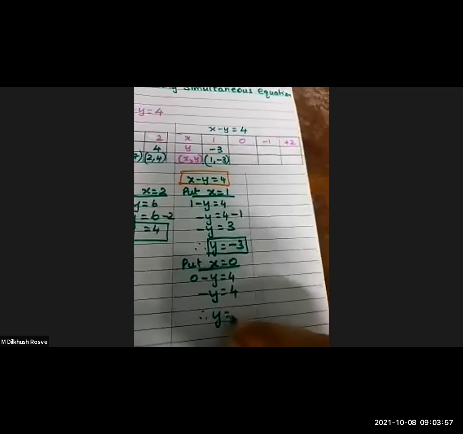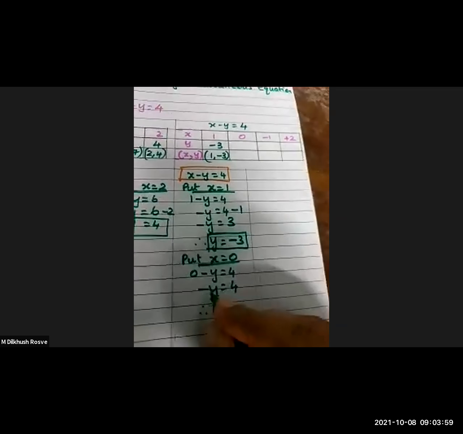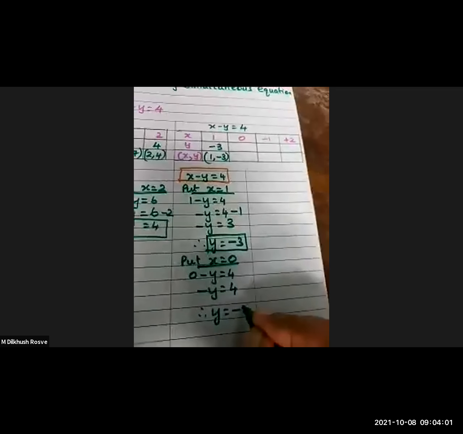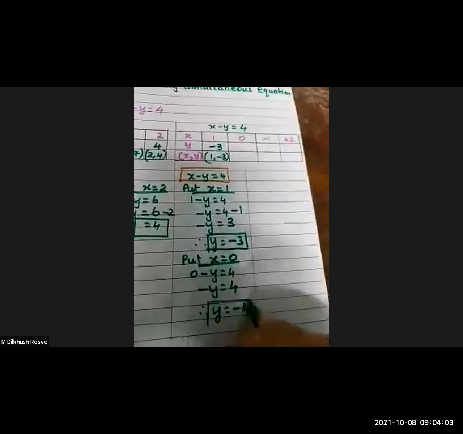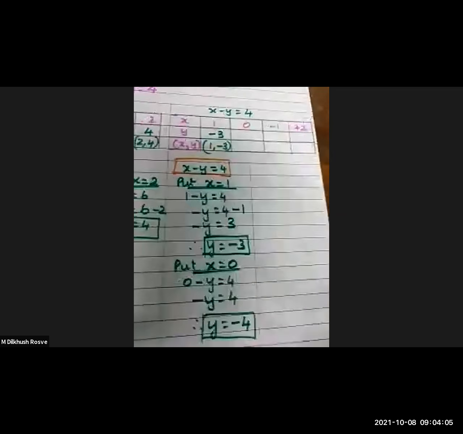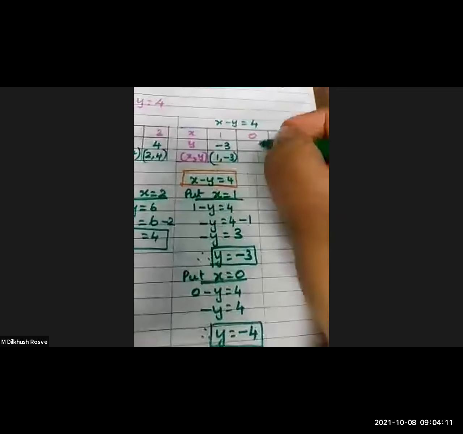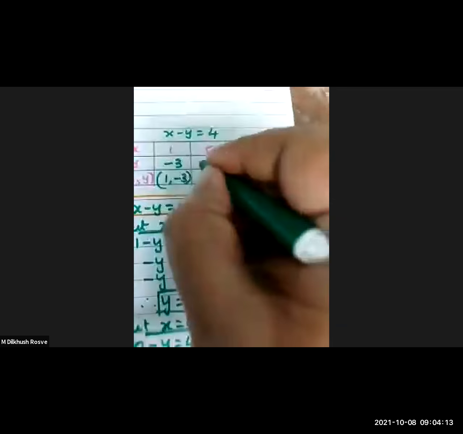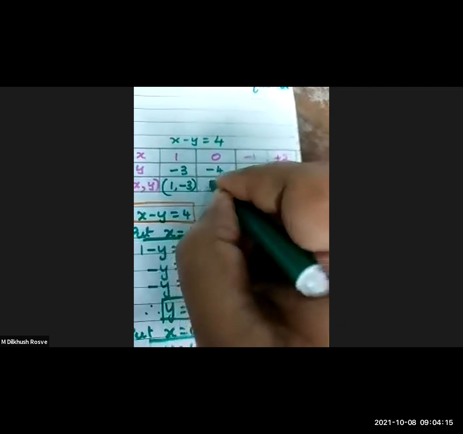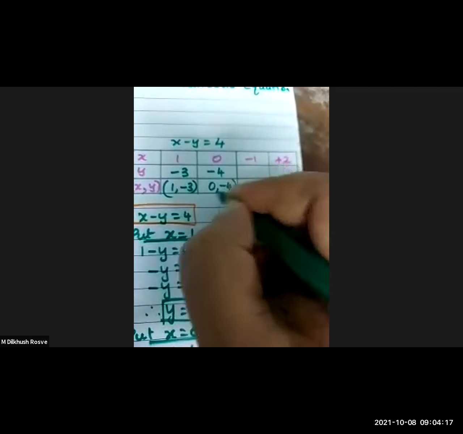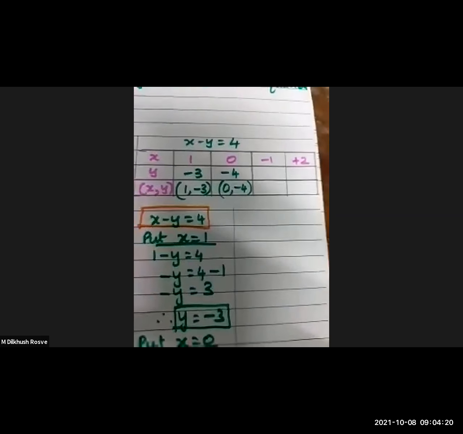Therefore, y equal to, this minus y is here, no? So you will get over here minus 4. Understood, children? Multiply with minus. Minus into minus is plus, plus into minus is minus. So y equal to minus 4 you are getting. So can I write here minus 4. So 0 comma minus 4. Is it clear, children?